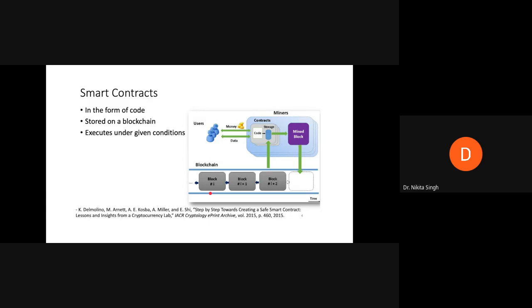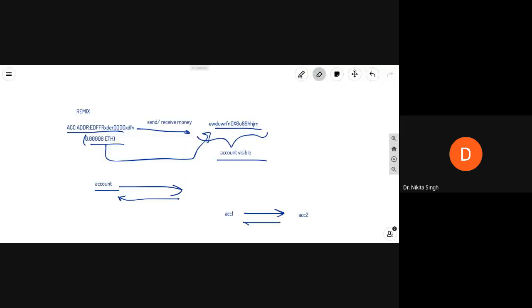Now, Ethereum uses a very simple philosophy: whatever happens on the Ethereum blockchain will happen in the form of a transaction. If you're executing a smart contract, that will be a transaction. Funds transfer is a transaction.